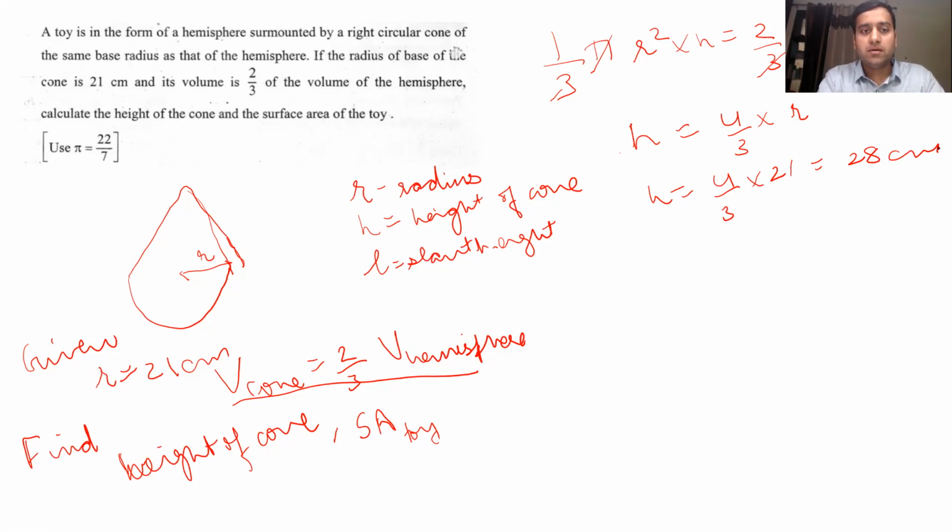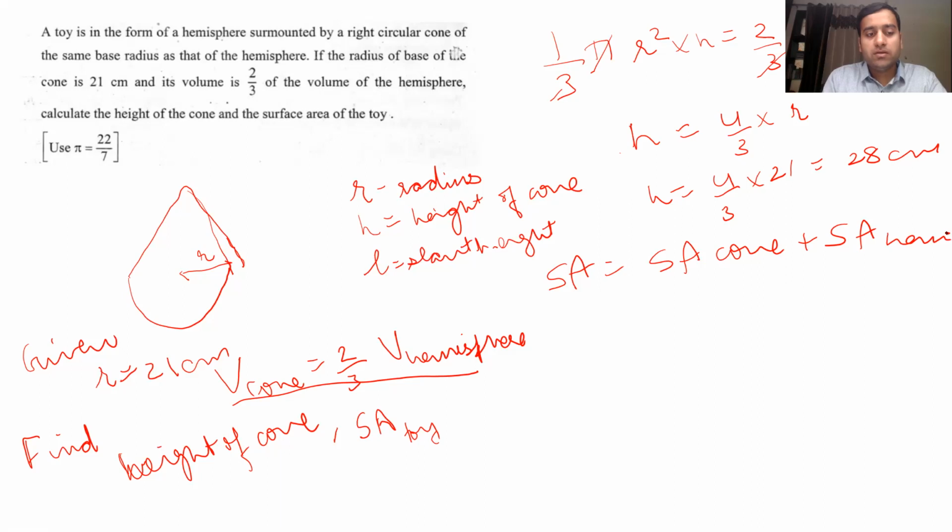The next part is what is the curved surface area of the toy? So we have to find the surface area of the toy. Now, what is the surface area of the toy? Total surface area of the toy is equal to surface area of cone plus surface area of hemisphere. Try to visualize this picture. It is like a hemisphere on a cone.